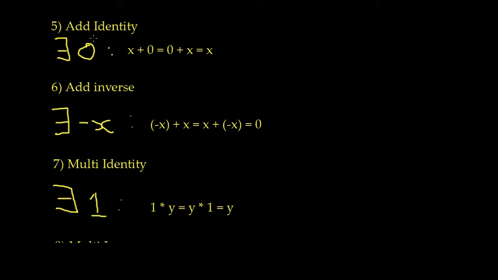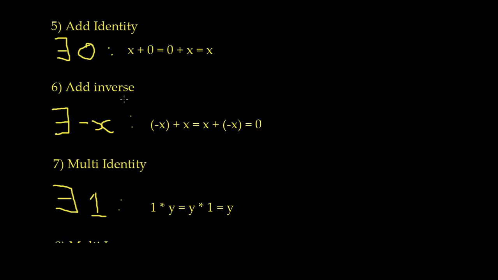So the add identity says there exists a number called 0, where, remember colon means where, x plus 0 gives me the same answer as 0 plus x, which gives me x, which we know to be true.